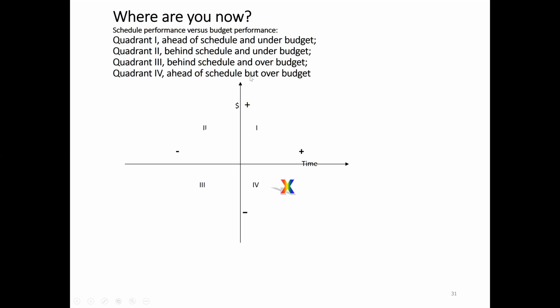But we are over budget; we are spending more and getting less, so cost is negative, and cost is high.